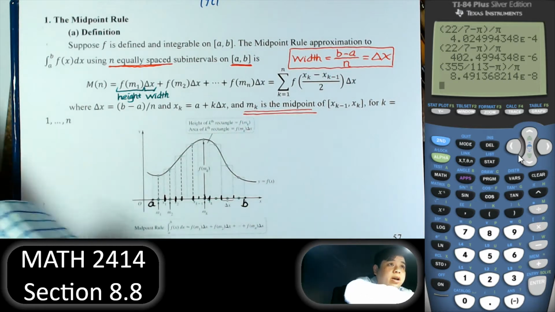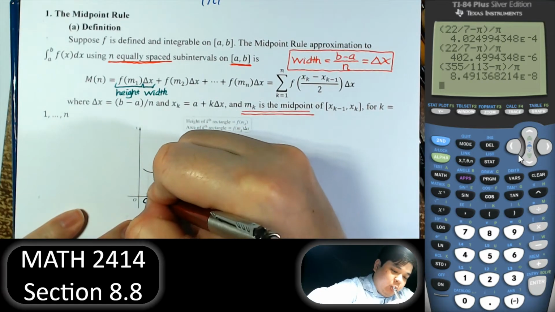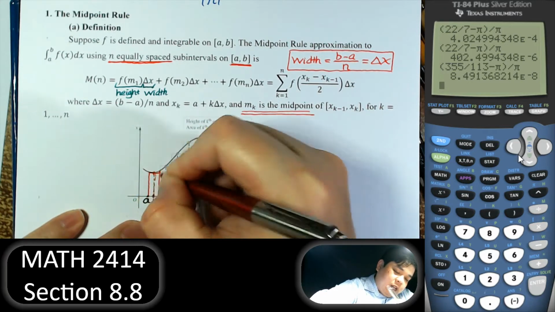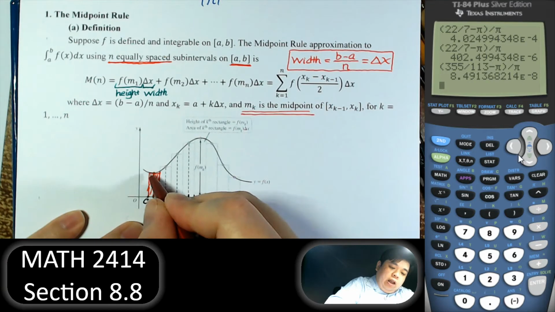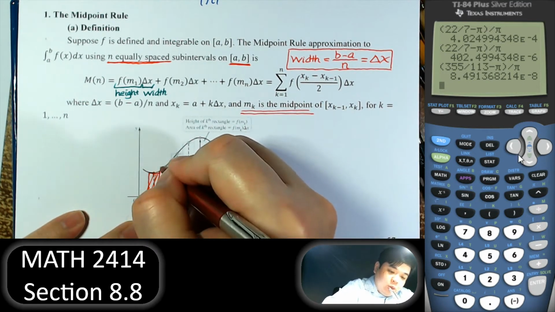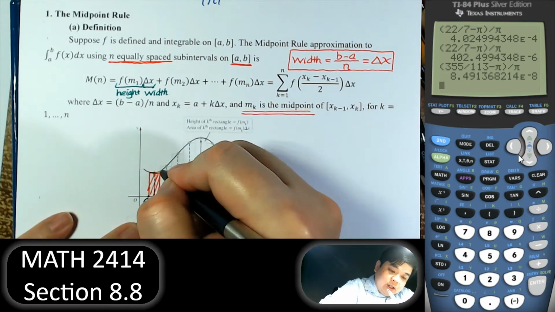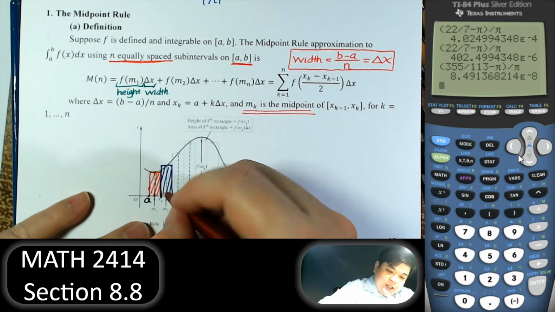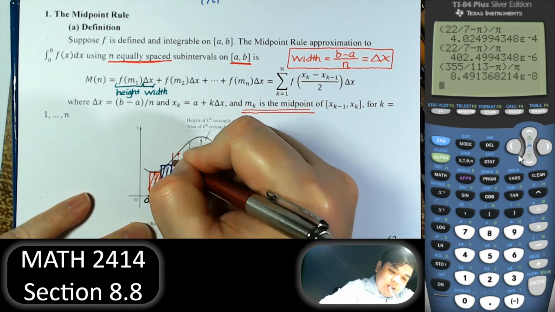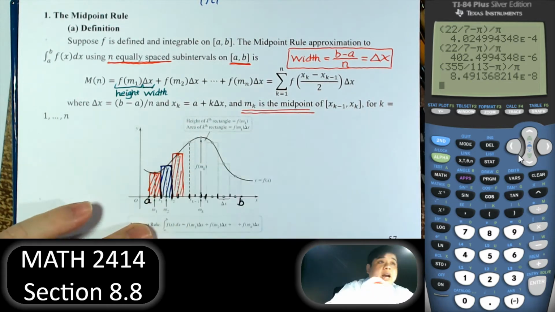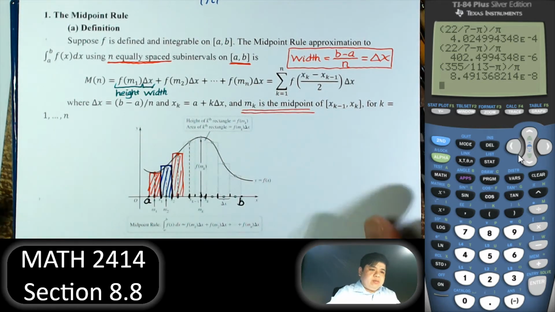In each interval we take the midpoint, find the height, and we have one rectangle. Height times width gives us the area of those rectangles. So first rectangle, second, and so on. Just use the midpoint to find the height, and then we add them all up and have the area of the whole thing.